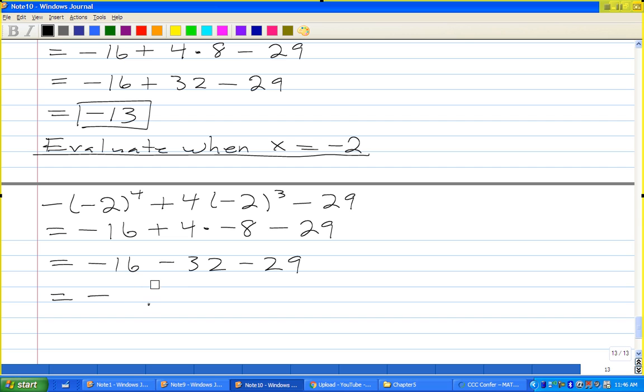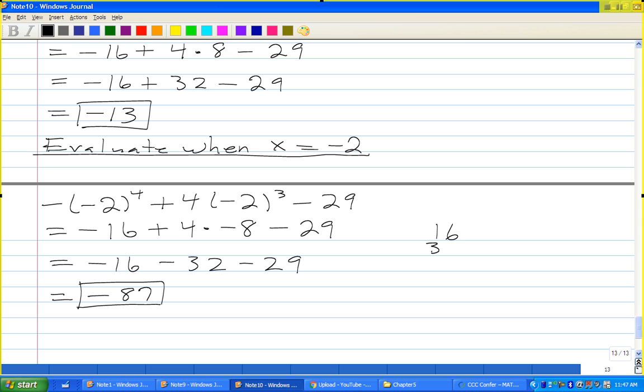No, okay, let me do this again. Let's see, that's 48. So negative 48 minus 29, so 48 plus 29. I keep getting 77 in my head.